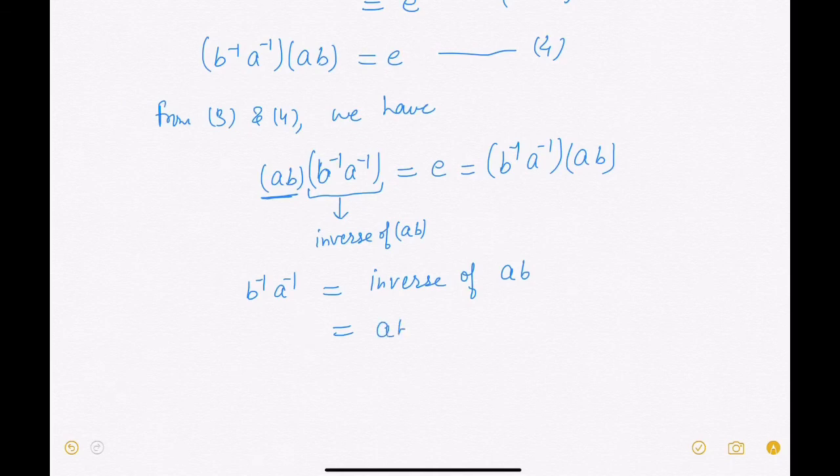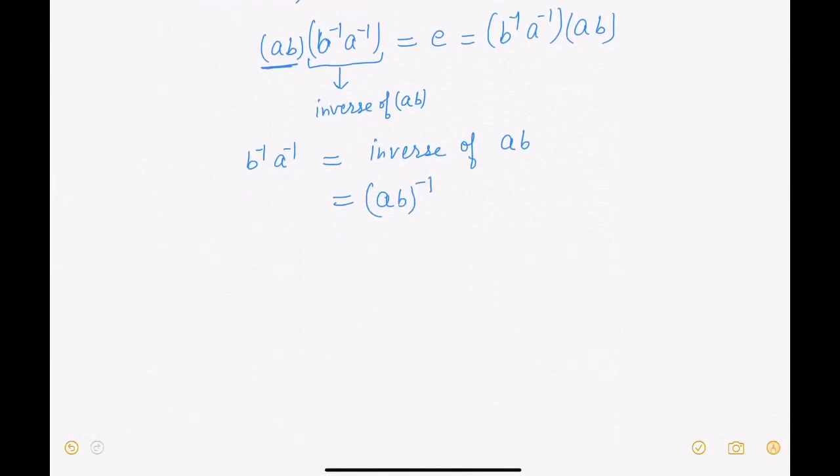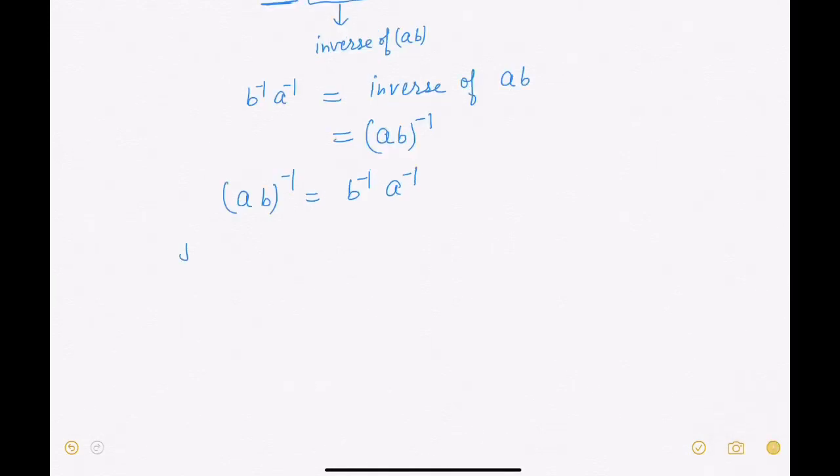It is represented as AB inverse. Hence we prove that AB inverse is equal to B inverse A inverse. Hence the result.